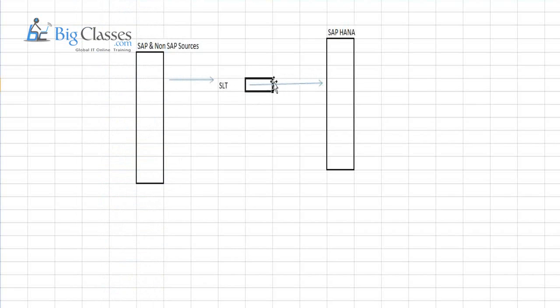SLT is a real-time data provisioning. When I say real-time, as a record gets inserted into your source, the record gets pushed onto your target. SLT stands for System Landscape Transformation.